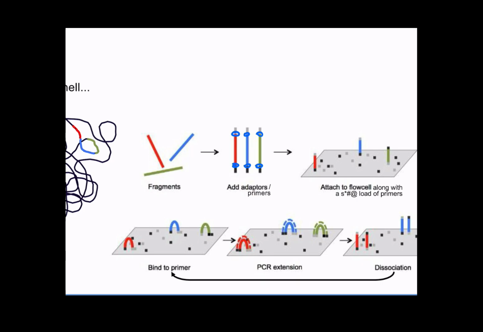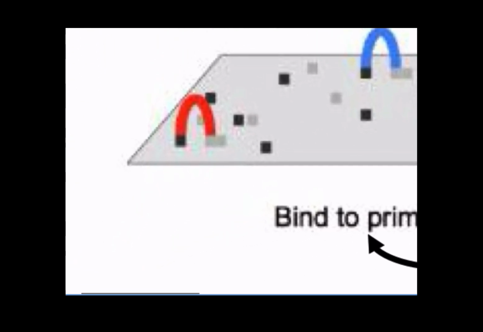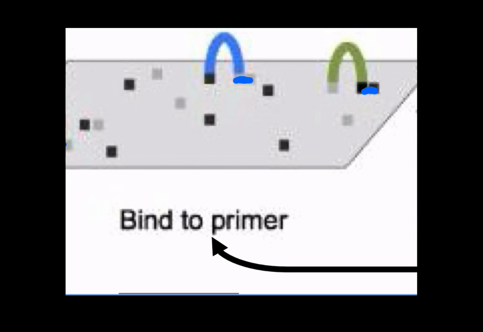And when they do, and given that the temperature is lower, they may base pair with those primers, such that now they become attached, not chemically, but through base pairing on their other end to the flow cell.